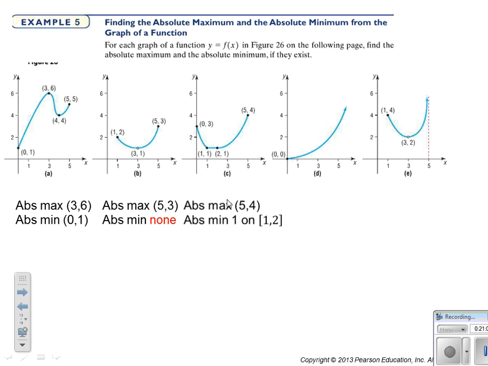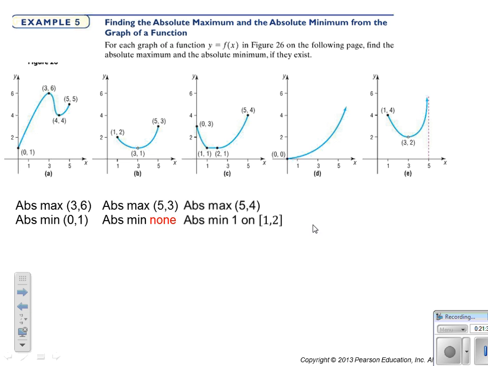So for C, our absolute max happens at 5, 4. And our absolute min is 1, and it's our little constant function. Because we're at 1, between 1 and 2, that whole section of that constant function is our absolute minimum, so all those points in there.